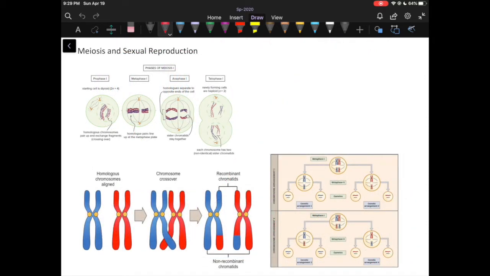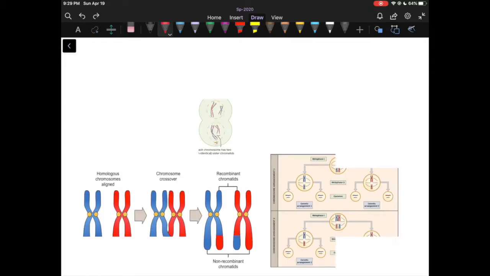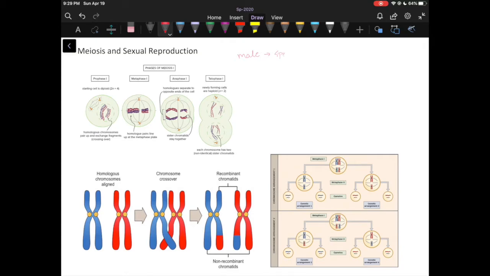Now for meiosis and sexual reproduction. Meiosis is a mechanism where we produce gametes, also known as sex cells. In humans, the male gamete is going to be the sperm, and in females, it's going to be the egg.